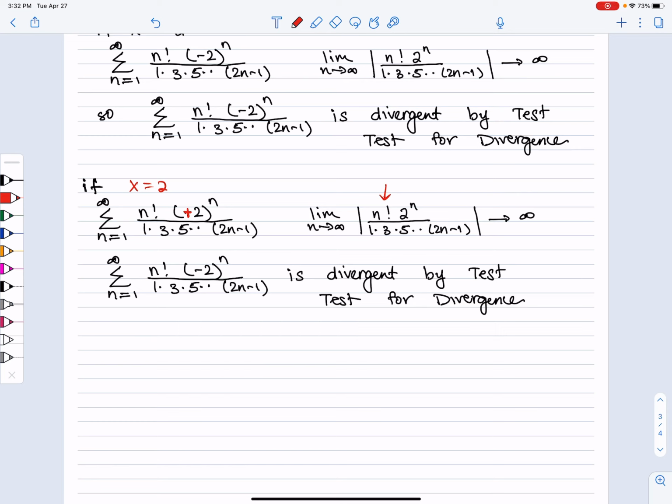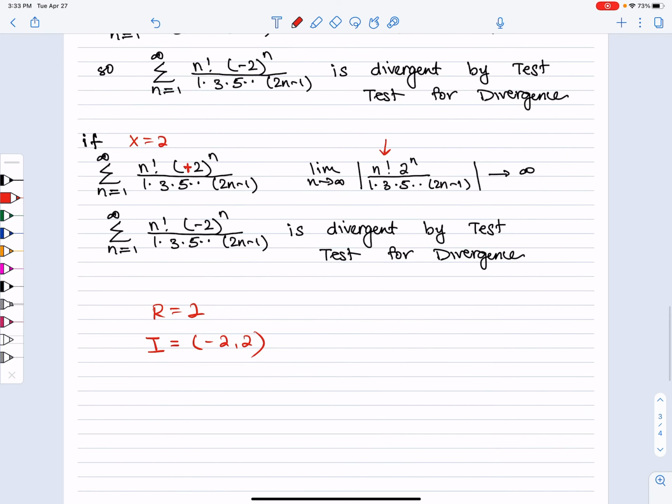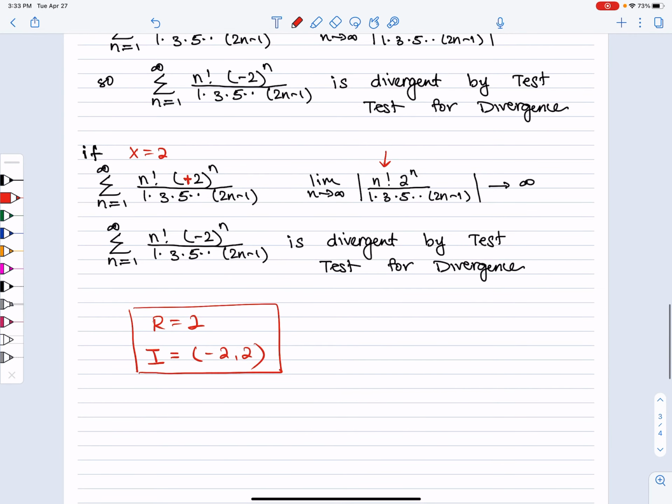And then the last thing I want to tell you is, remember, the problem was asking for the radius of convergence, which is 2, and the interval of convergence, which is from -2 to 2. So the interval of convergence is from -2 to 2, and the radius of convergence is 2.